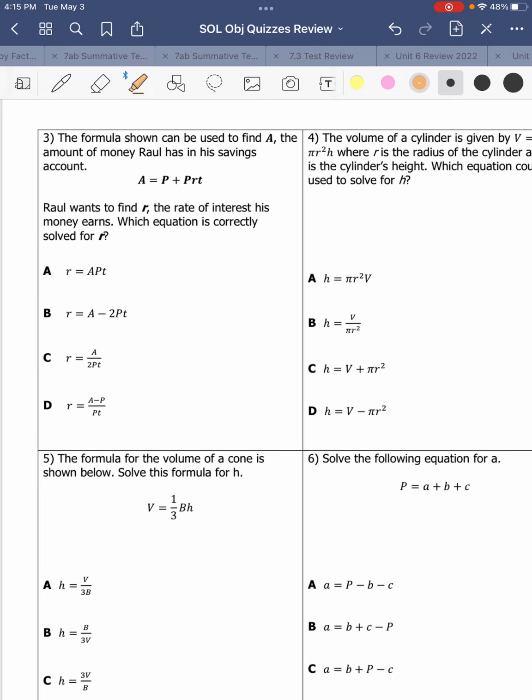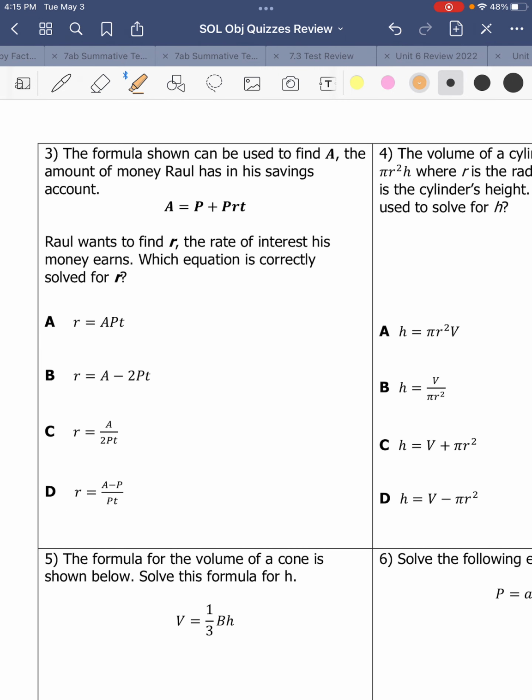All right, let's do this again. So the formula shown can be used to find A, and we want to find what R is. So I'm going to take the A, I'm just going to make that Y. The R is going to be my X. Any other variable that you see on there, you can keep the variable or just change it. If you want to change it to A and B, you certainly can.